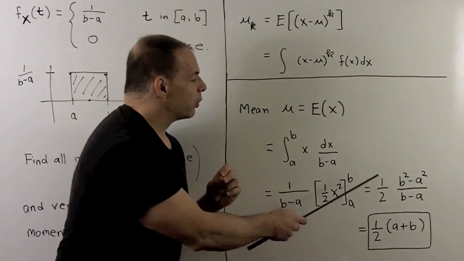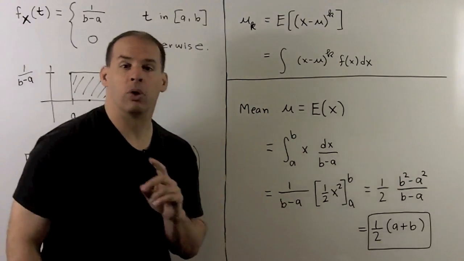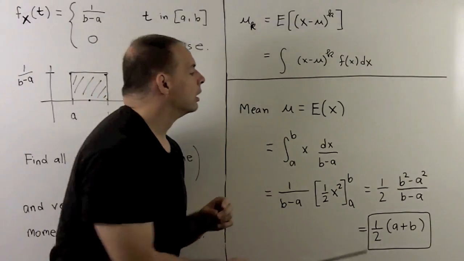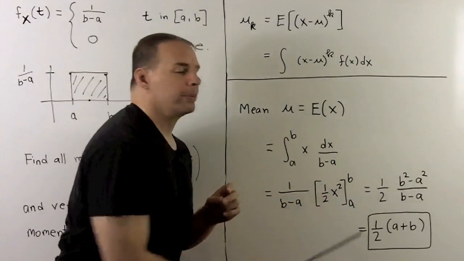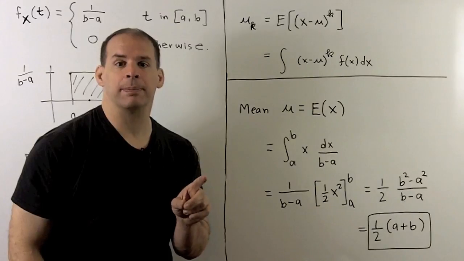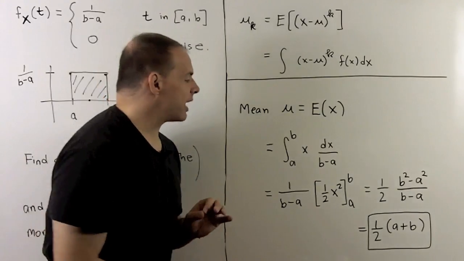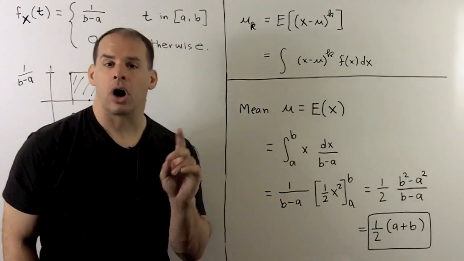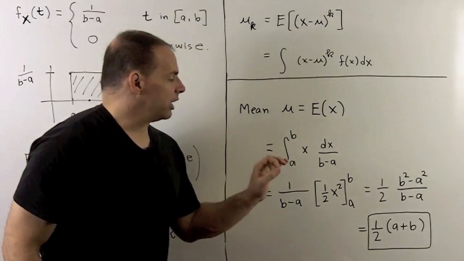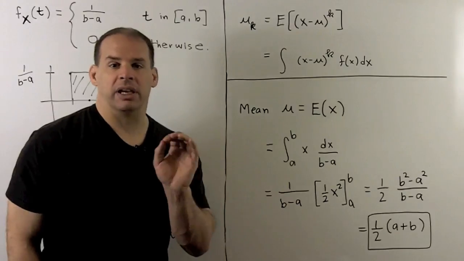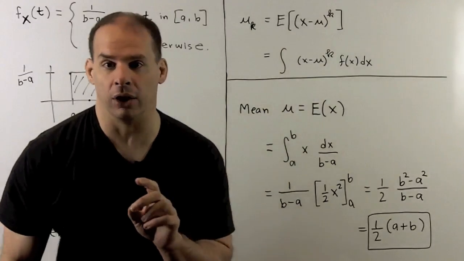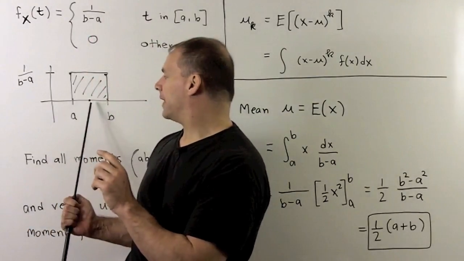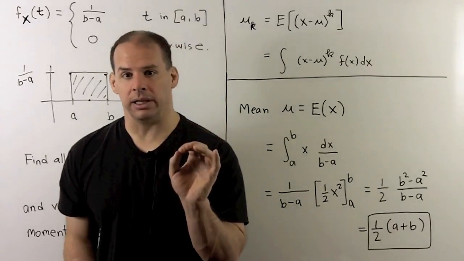That gives us 1/2 (b squared minus a squared) over b minus a. The numerator is a difference of two squares, so (b plus a) times (b minus a). The b minus a's go away, and I'm left with 1/2 (a plus b). As a check, this is just saying that the mean occurs at the midpoint of the interval. So that's something we definitely believe.